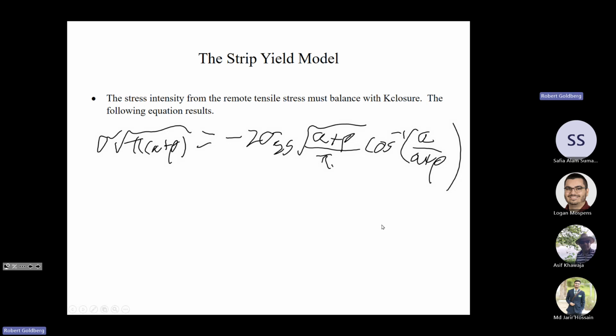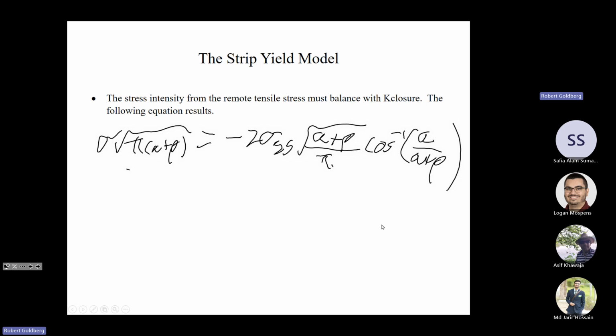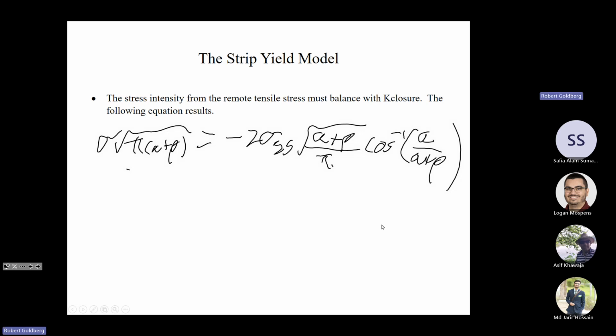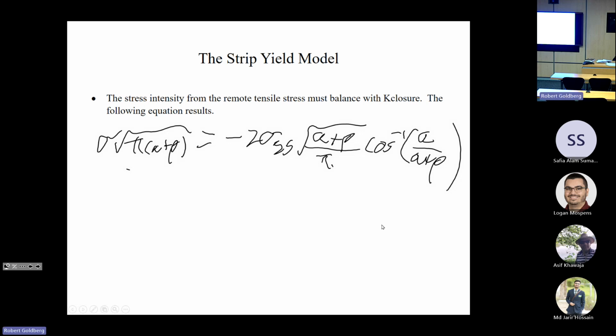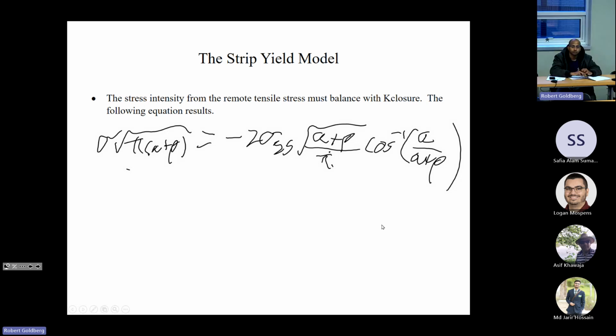you take this term, bring it over to the left side, and you take the cosine of both sides, and you do some algebra.